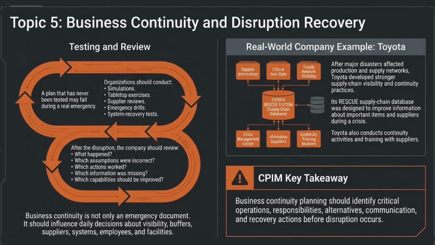Its RESCU supply chain database was designed to improve information about important items and suppliers during a crisis. Toyota also conducts continuity activities and training with suppliers. CPIM key takeaway. Business continuity planning should identify critical operations, responsibilities, alternatives, communication, and recovery actions before disruption occurs.